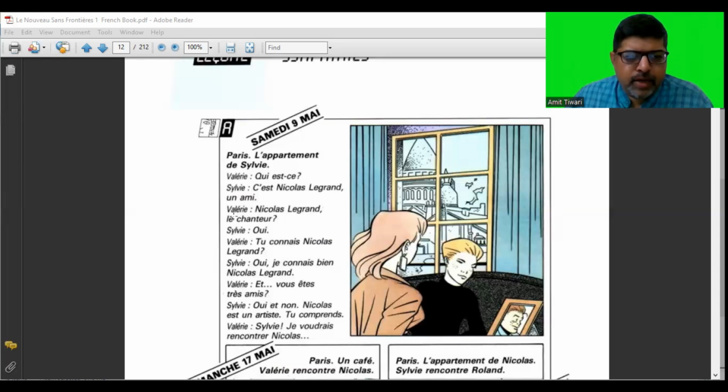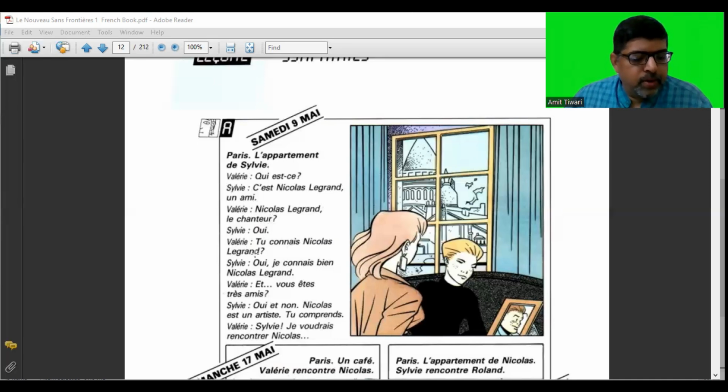Further dialogue in continuation, Valérie states, Nicolas Lego, le chanteur, Nicolas Lego, the singer. Sylvie: oui, yes. Sylvie said yes because it was an interrogative question. Valérie: tu connais Nicolas Lego?